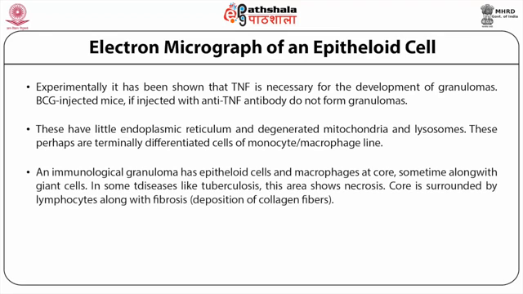An immunological granuloma has epithelioid cells and macrophages at core, sometimes along with giant cells. In some diseases like tuberculosis, this area shows necrosis. Core is surrounded by lymphocytes along with fibrosis.